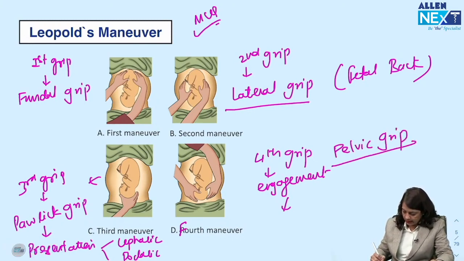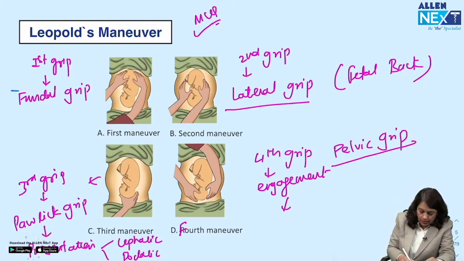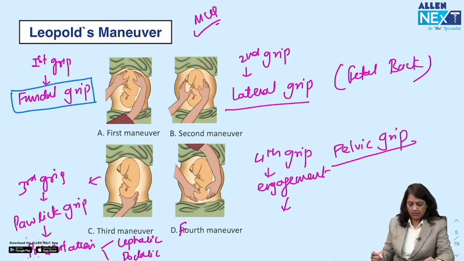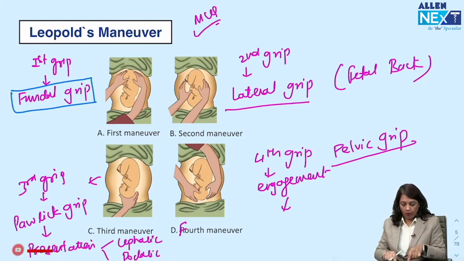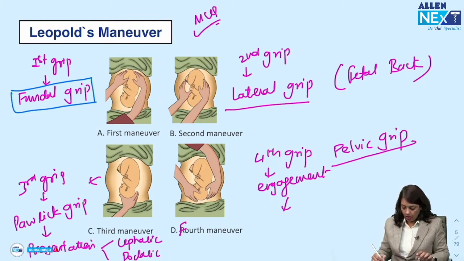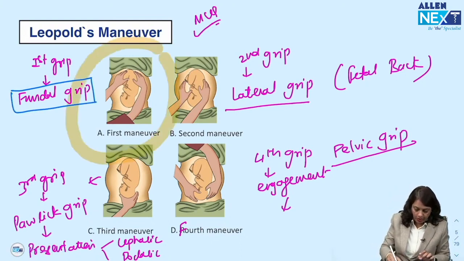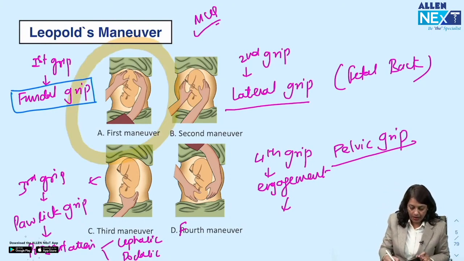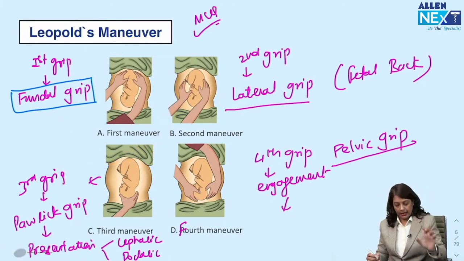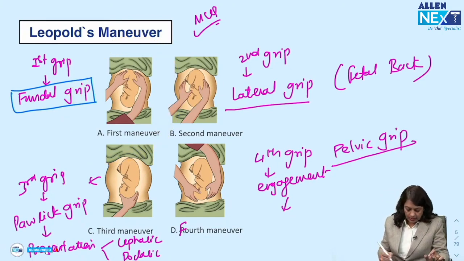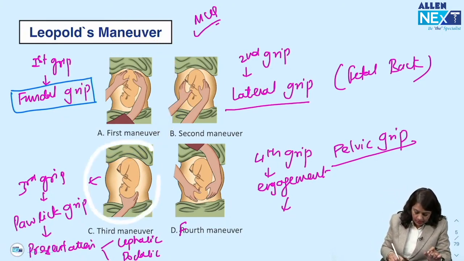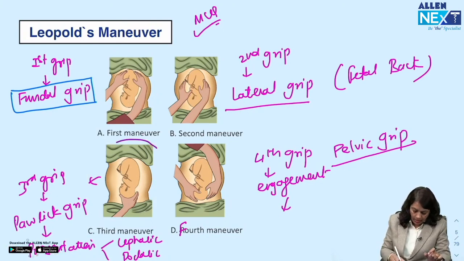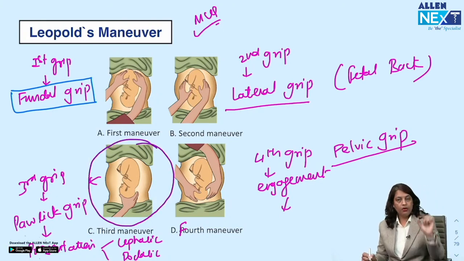So what are the grips? Let us see once more. First grip is the fundal grip, because they have asked this question. All four images will be given, or they can select just one image and ask you which grip is being applied. That was a pattern asked in the INI CET exam. They gave this part only, and asked what is this grip: first grip, second grip, pollic grip or pelvic grip.